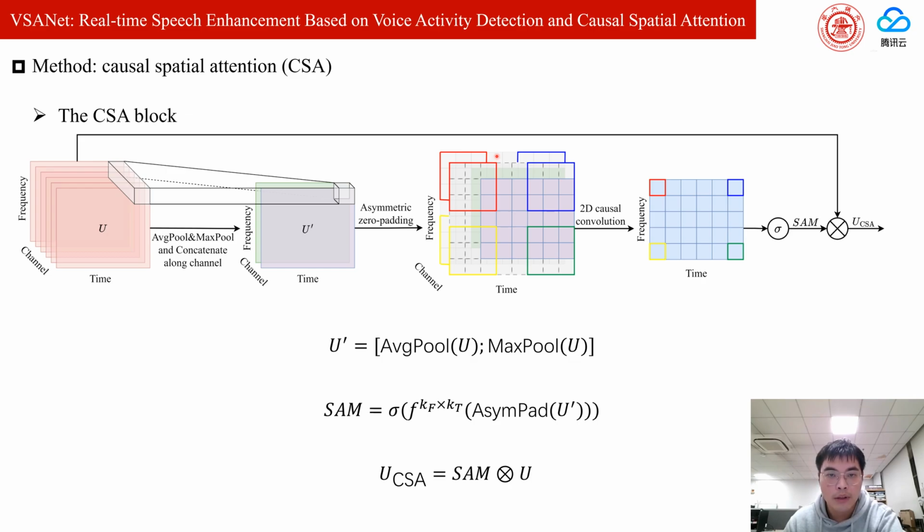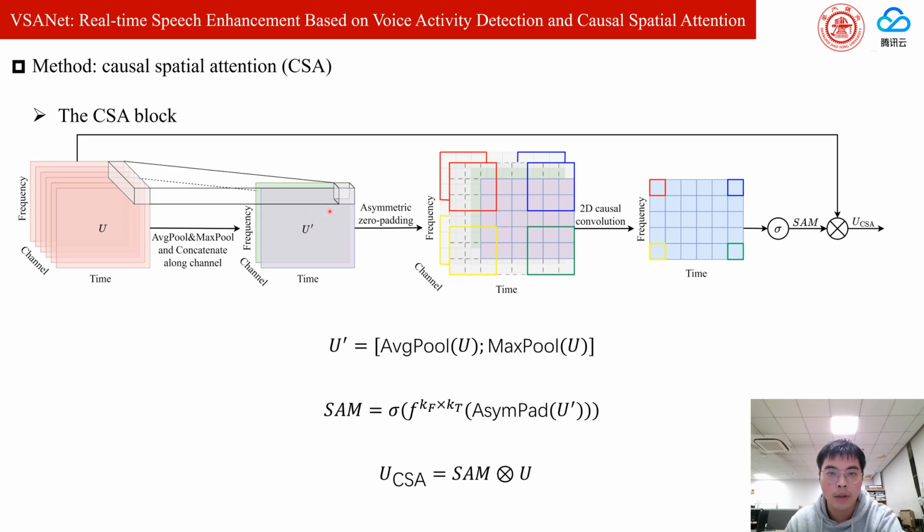To compute the spatial attention weights, we first apply average pooling and maximum pooling along the channel dimension to the input feature map U, and the two pooled feature maps are then concatenated along the channel dimension so as to obtain a dual channel feature map U'.